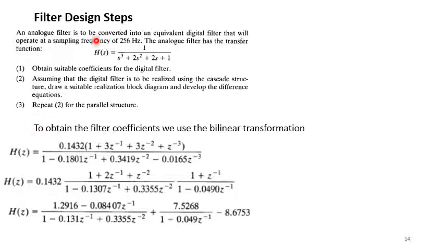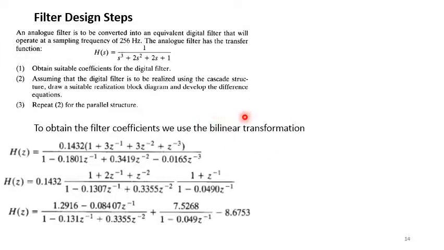So the first thing is that we have to obtain the filter coefficients. So this is the continuous time filter or analog filter. To find the filter coefficients from this analog filter, we can have different options. One of them is the bilinear transformation.